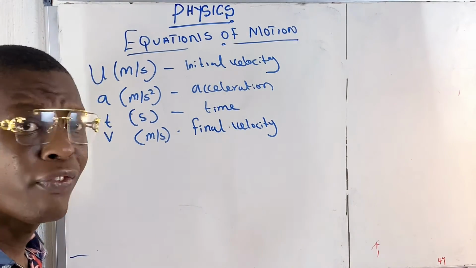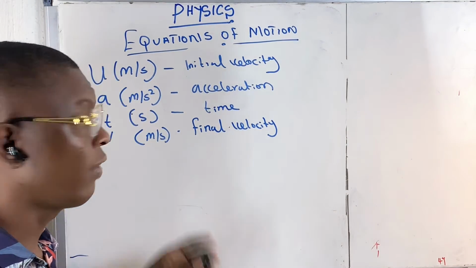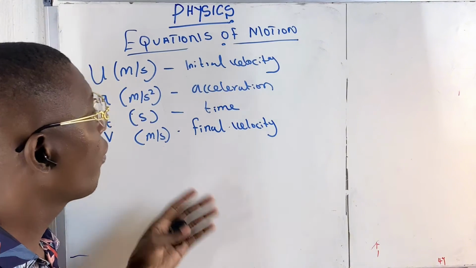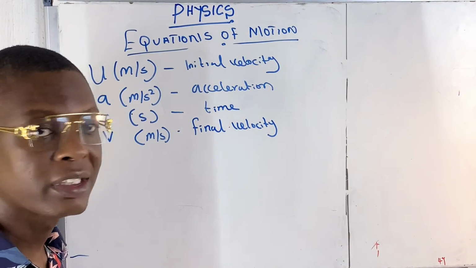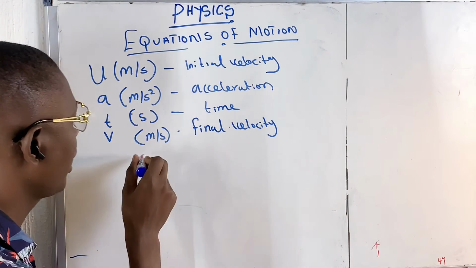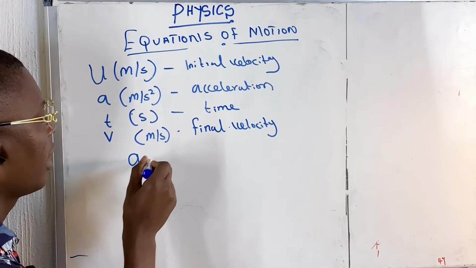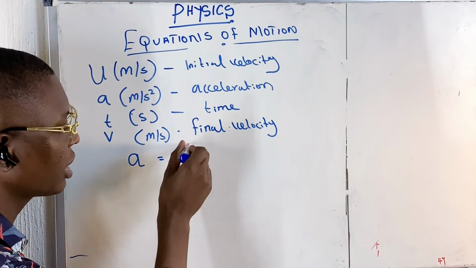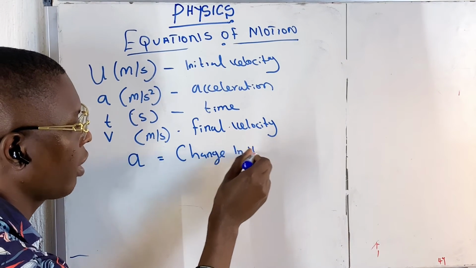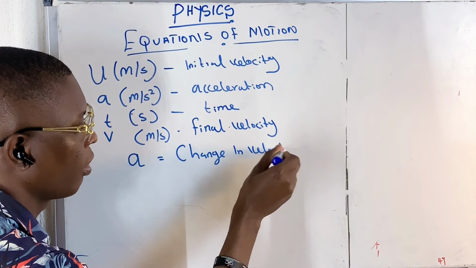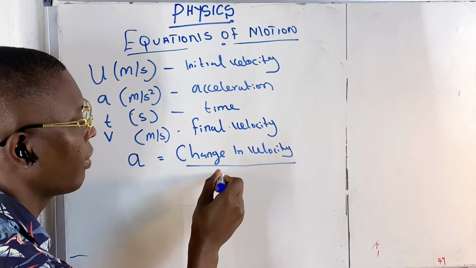All right, so for us to be able to get the first equation of motion, we'll try to know what acceleration is and then fit in the terms. Now, acceleration, a, is simply the change in velocity over time.